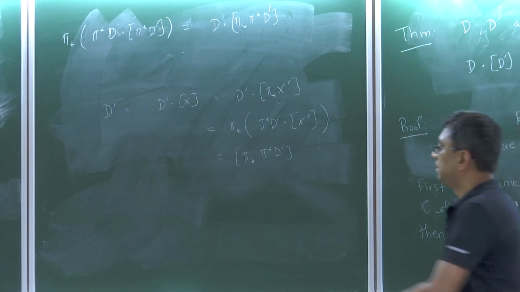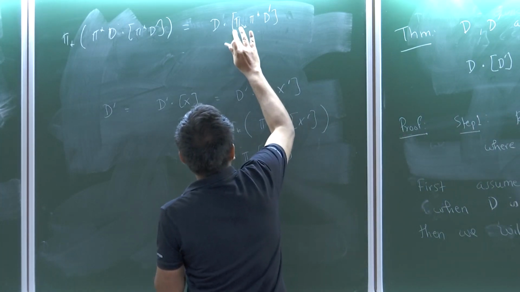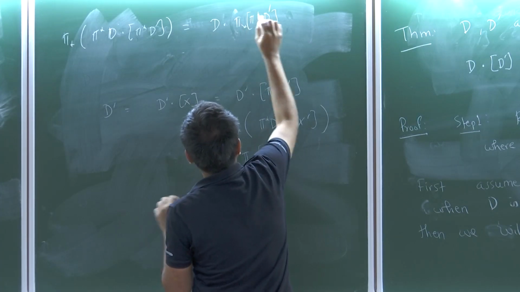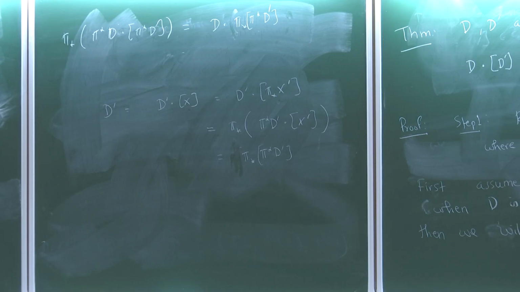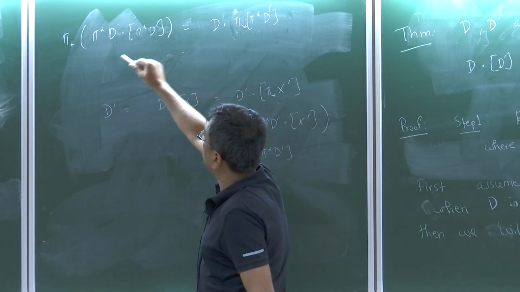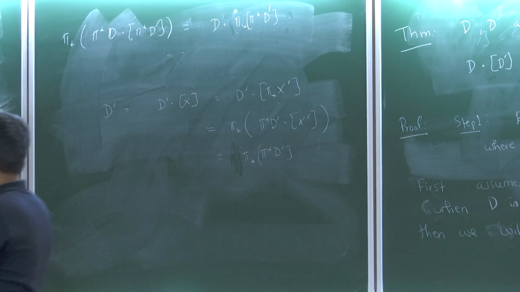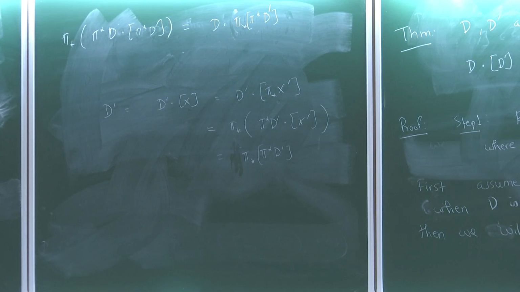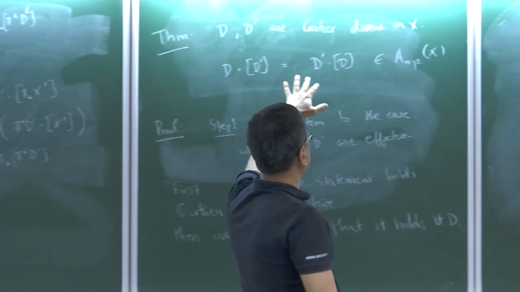Or maybe here this also should be like this. Okay. So therefore this push forward is nothing but D dot D prime. This whole thing is D prime, and the other push forward is D prime dot D by similar reason. Okay, so therefore we have proved the theorem.